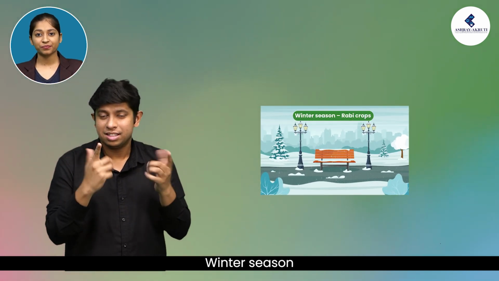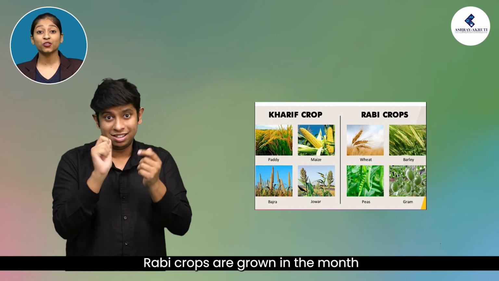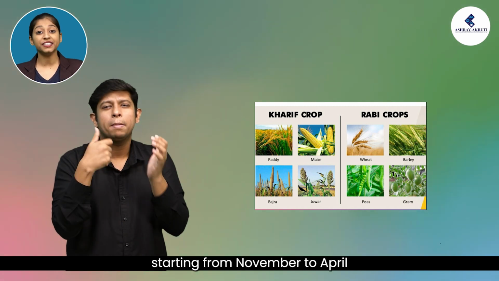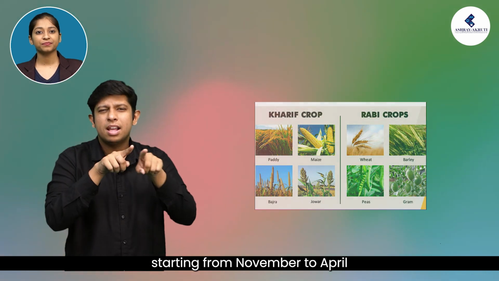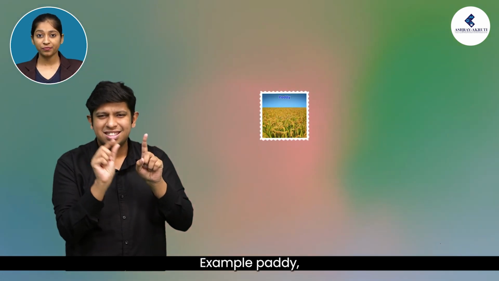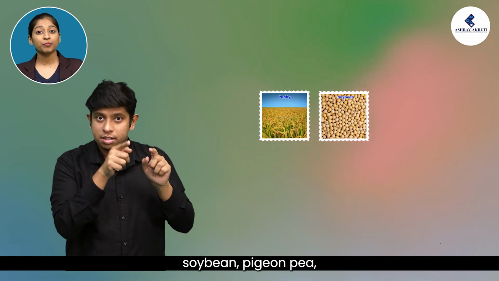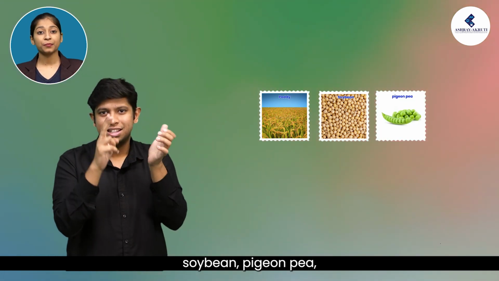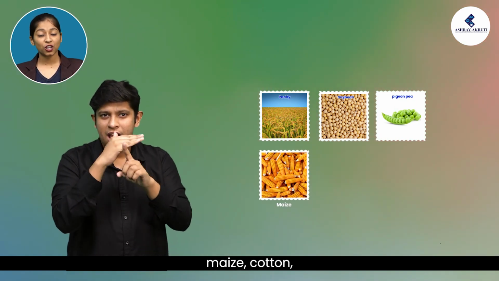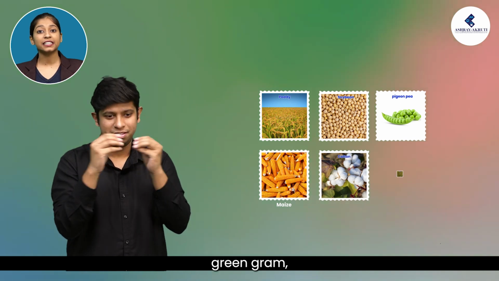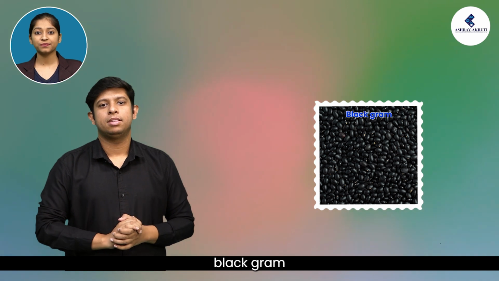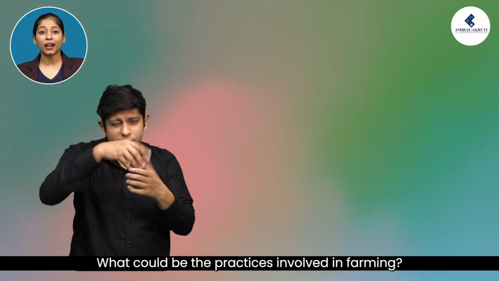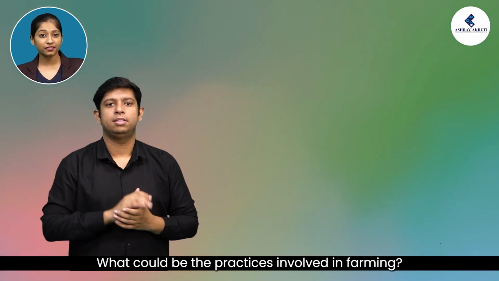Winter season: rabi crops are grown in the months starting from November to April. Example, paddy, soybean, pigeon pea, maize, cotton, green gram, black gram. What could be the practices involved in farming?